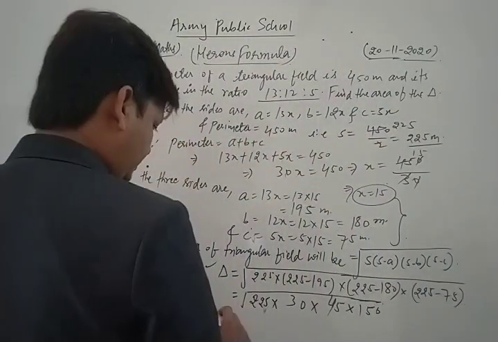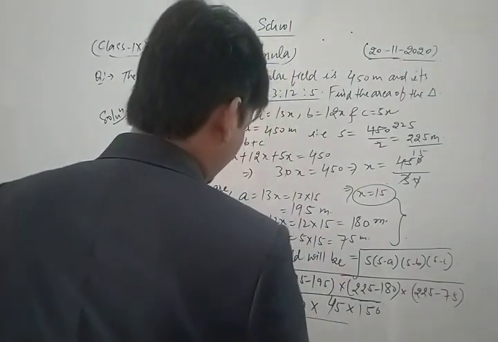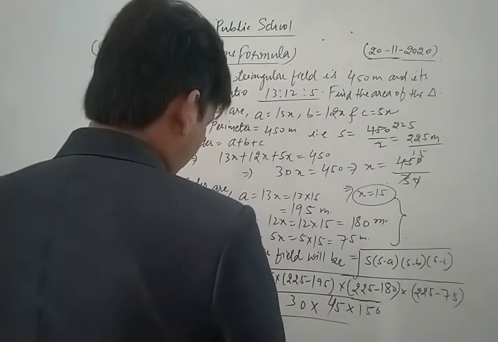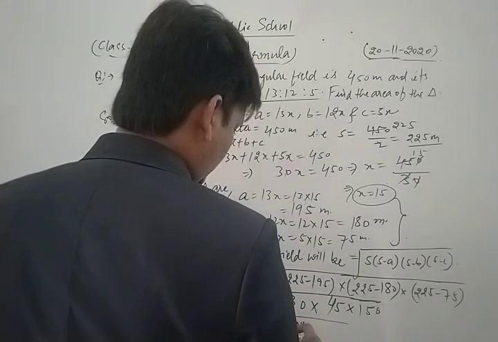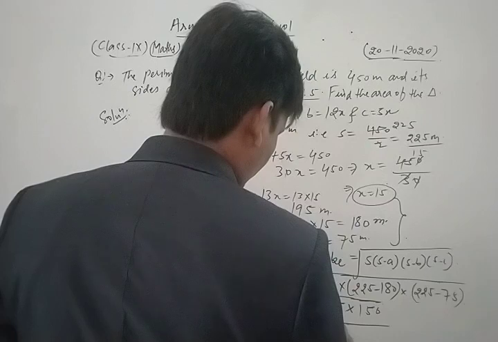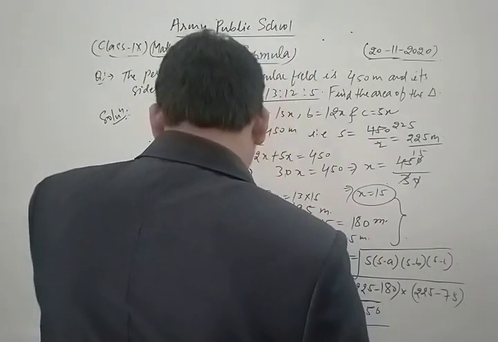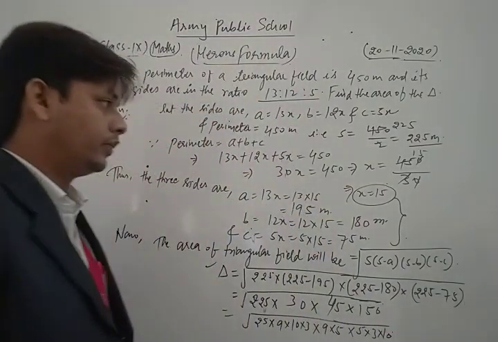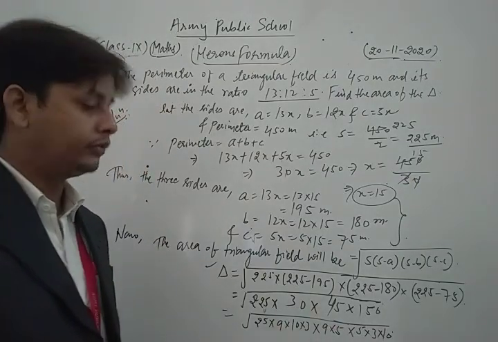Now we can write 225 as 25 into 9, and we write 30 as 10 into 3. Now we write 45 as 9 into 5, and we write 150 as 5 into 3 into 10. So first of all, we split all the values that are involved under the root.